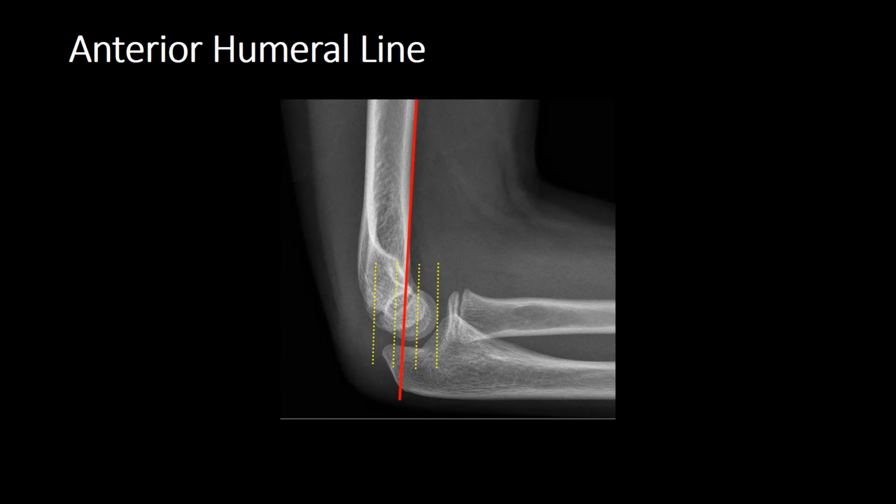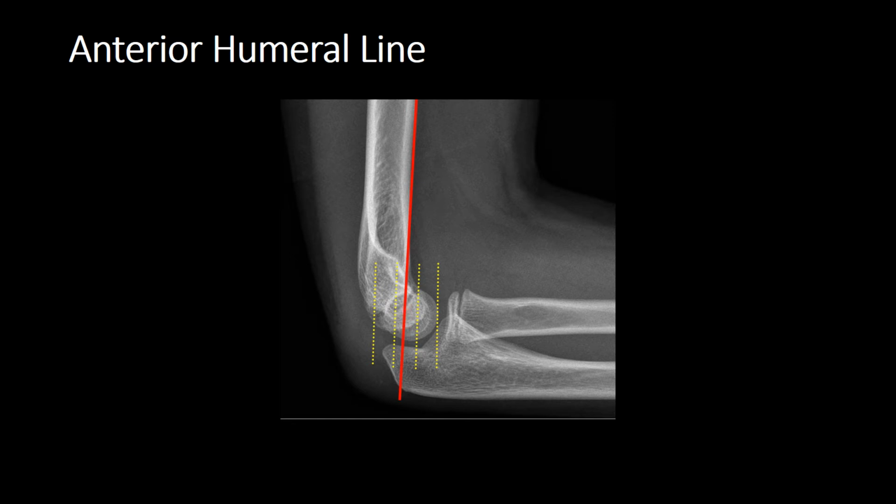Supracondylar fractures displace posteriorly, and so we use the anterior humeral line to assess for posterior displacement. A normal anterior humeral line is a line drawn down the anterior cortex of the distal humerus, and this line will bisect the capitulum through the middle third.